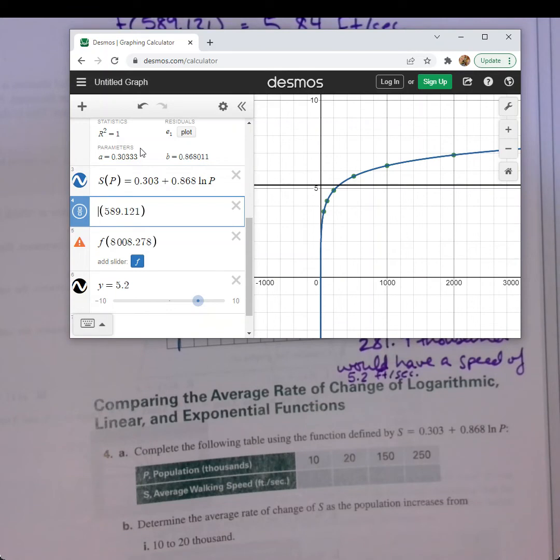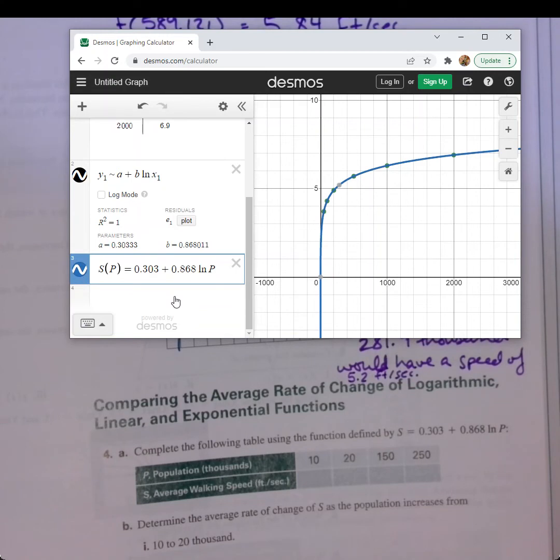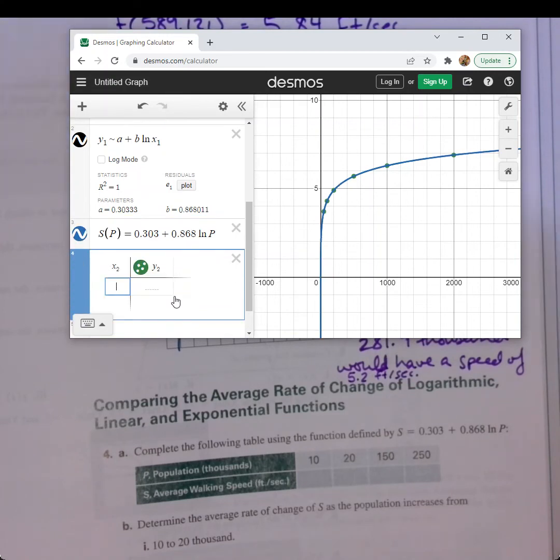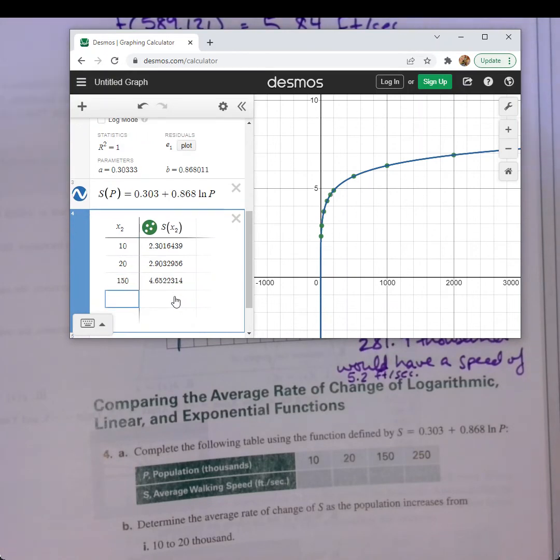So now I want to evaluate, I'll just do this in a table. They want me to evaluate the function S at a new set of inputs: 10, 20, 150, and 250.